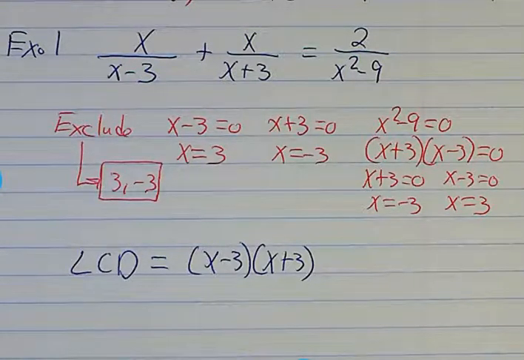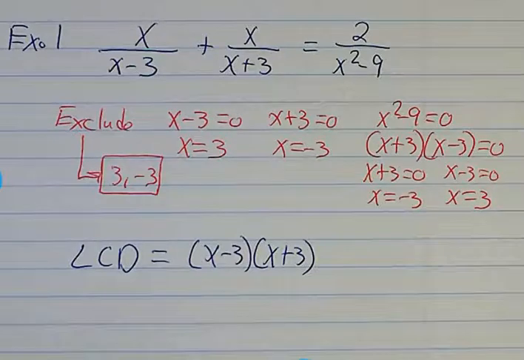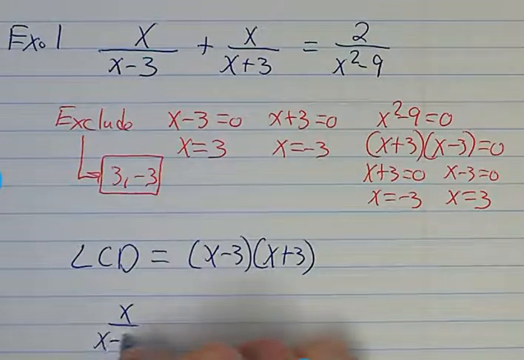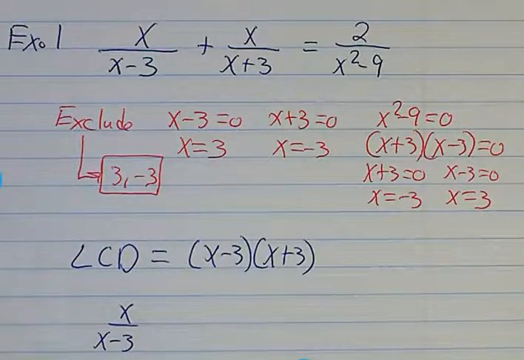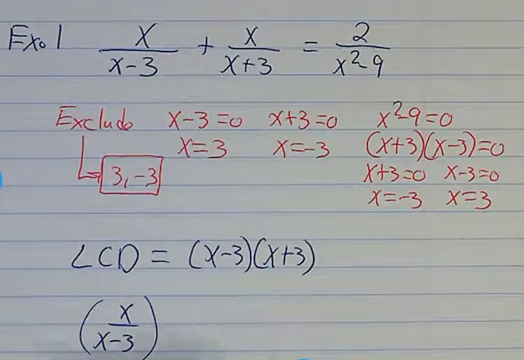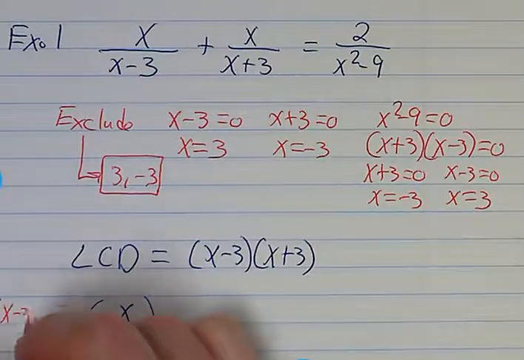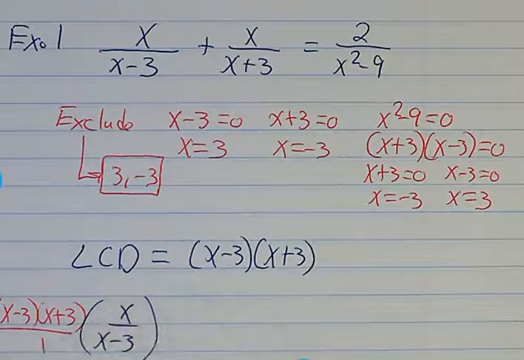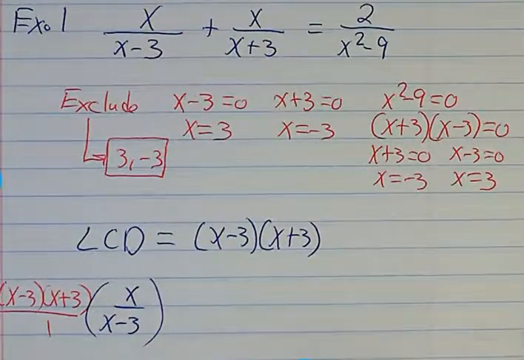And then here's where we're going to borrow the thing we just did with the complex fractions. We're going to take these denominators that we have, or the original problem, and we're going to multiply it by our least common denominator. Again, we'll put that over 1 just so we can see how it's going to cancel.